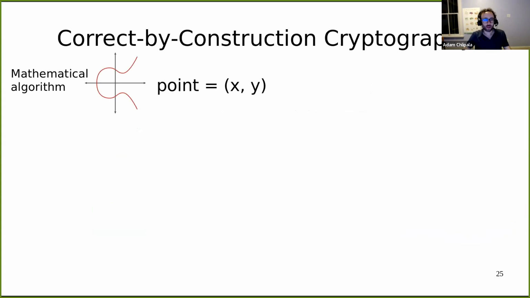So in more detail, we're working in a kind of cryptography called elliptic curve cryptography, where you're dealing with two-dimensional points where the coordinates are integers in a prime field.